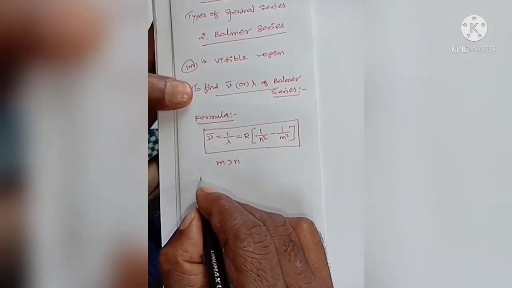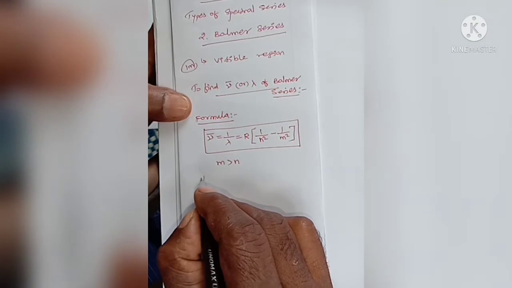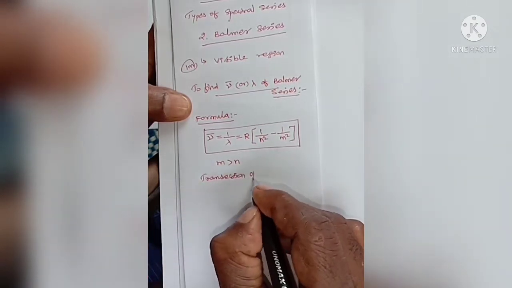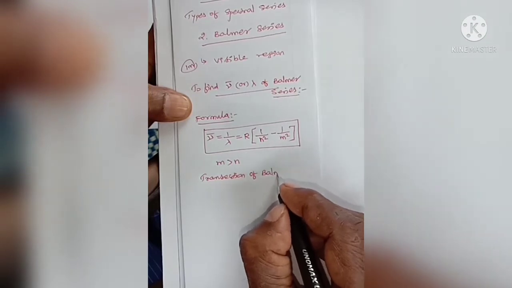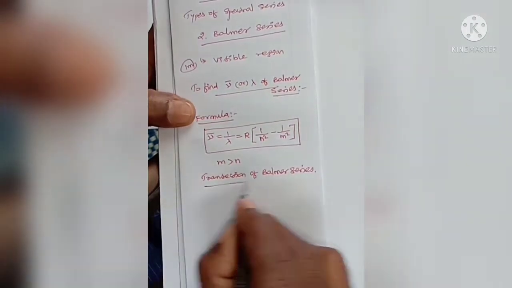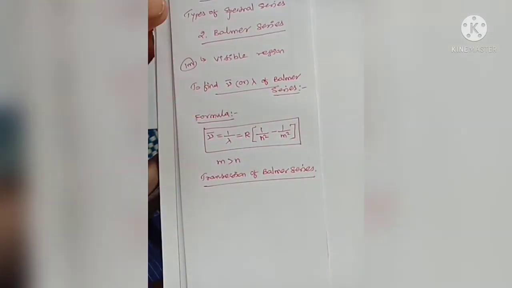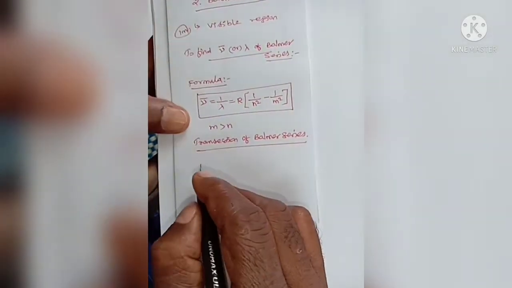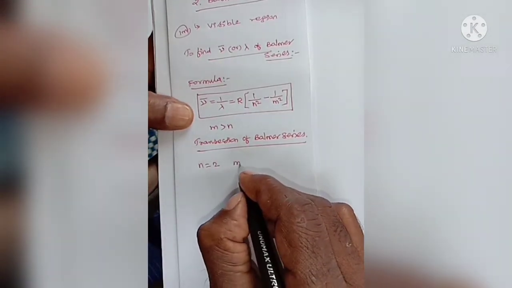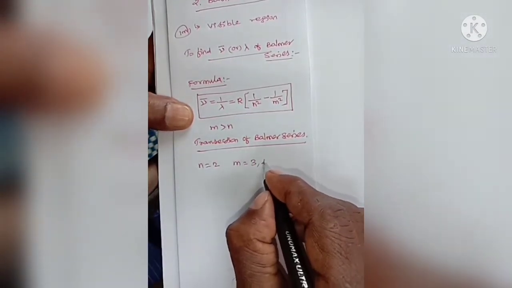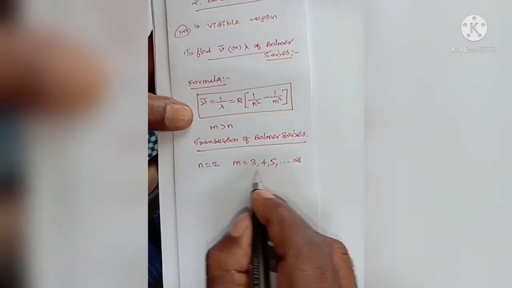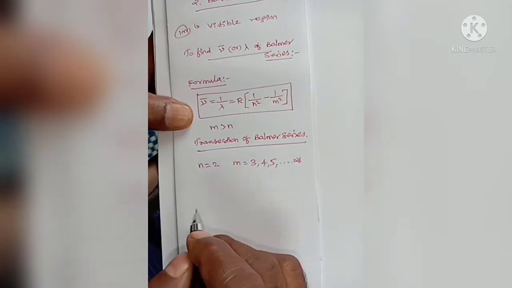Next, transitions of Balmer series. What transitions are there in Balmer series? n is 2, m is 3, 4, 5, dot, infinity. This is higher order value, this one is lower order value.